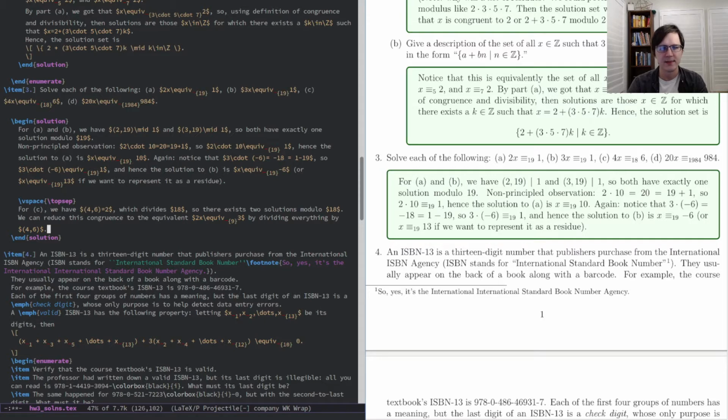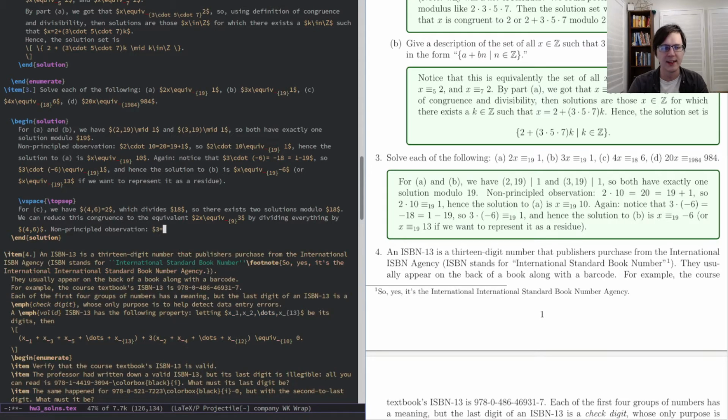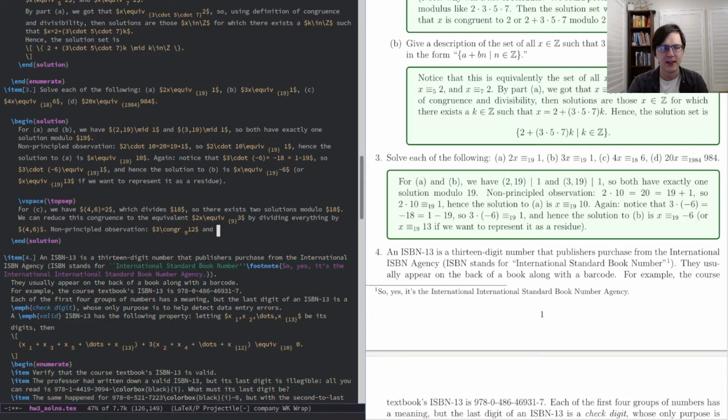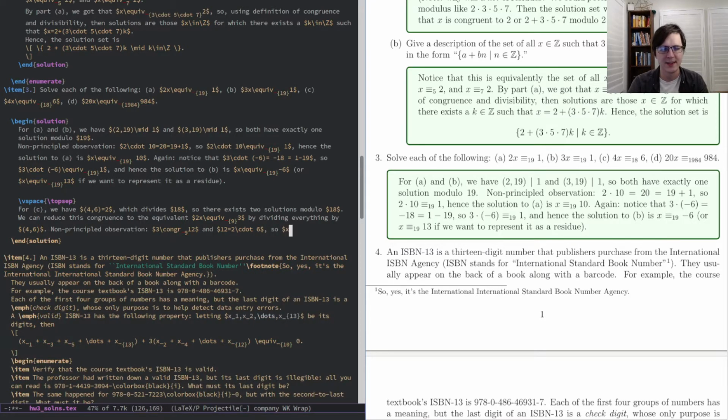So, can we just guess the solution again? We want 2 times something is 3. If we add 3 to 9, 3 is congruent mod 9 to 3 plus 9, which is 12. And 12 is 2 times 6, so there's only one solution.